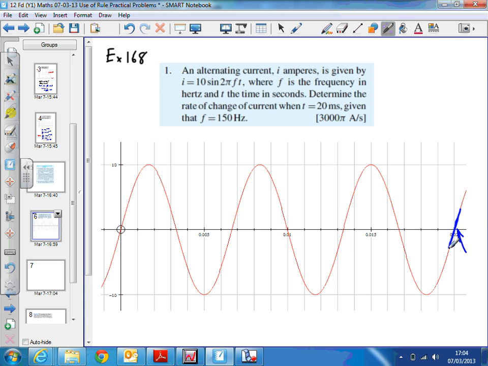As soon as I see rate of change, I know I'm going to have to do calculus, and that's why we do it, because of the rate of change.